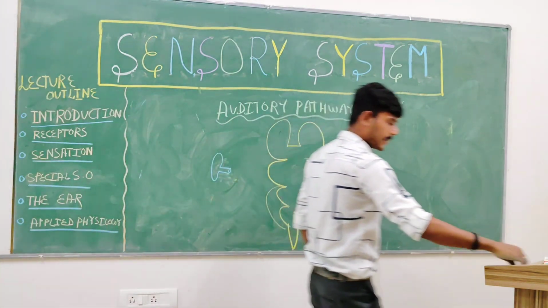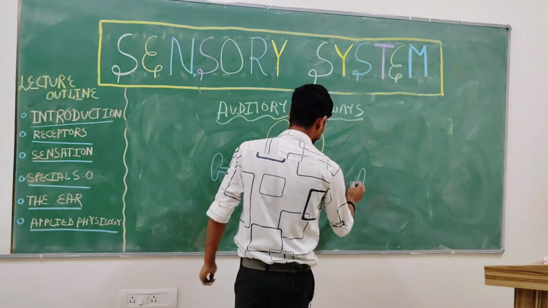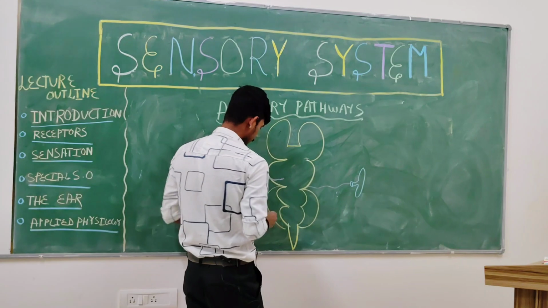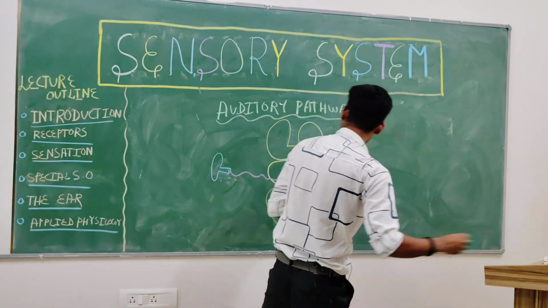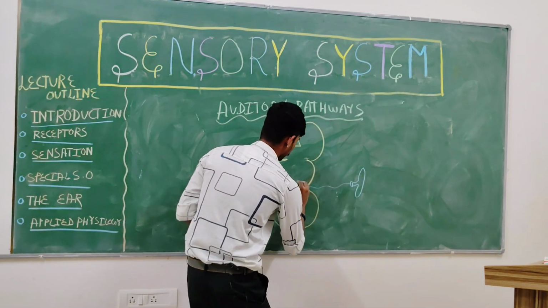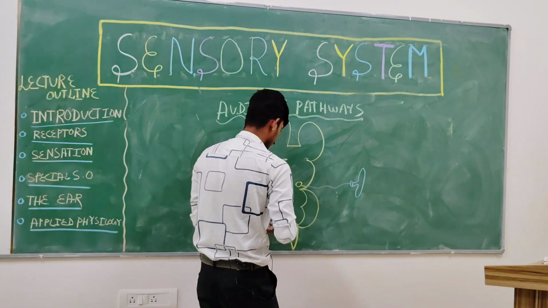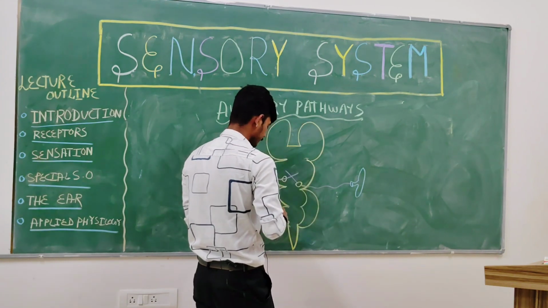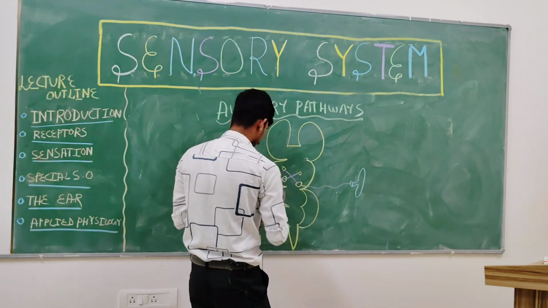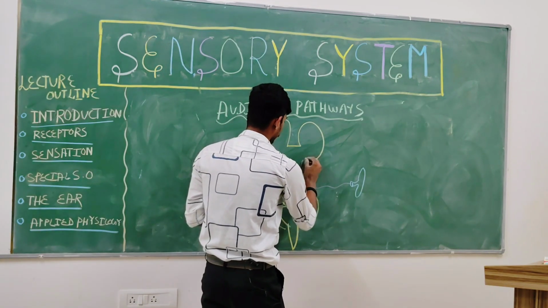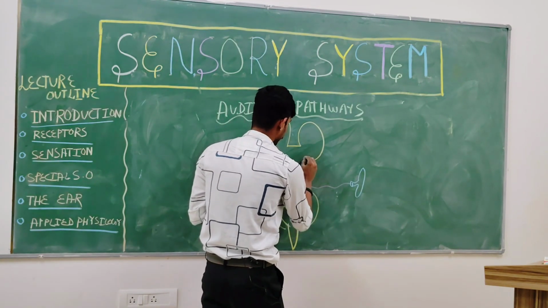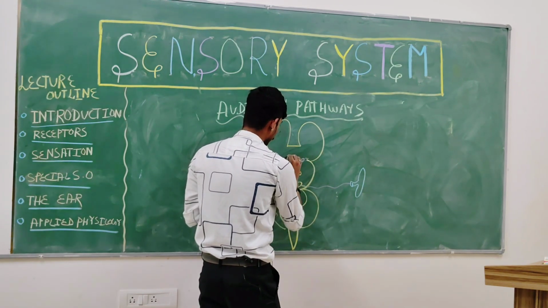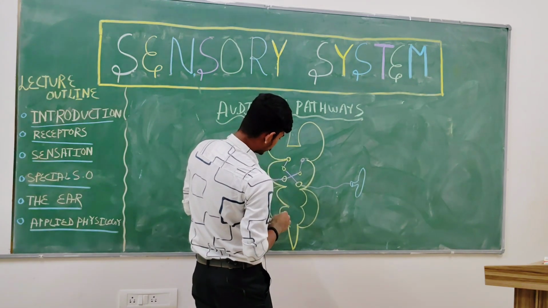The auditory nerves come and make the crossing. These are the nuclei. I will name them.